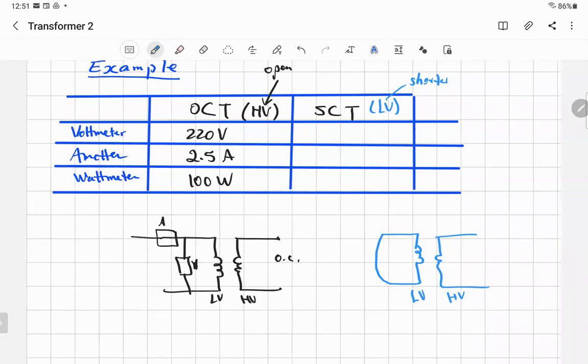And then they measure the current and the voltage on the other side: 150 volts, 4.55 amp, 215 watts.